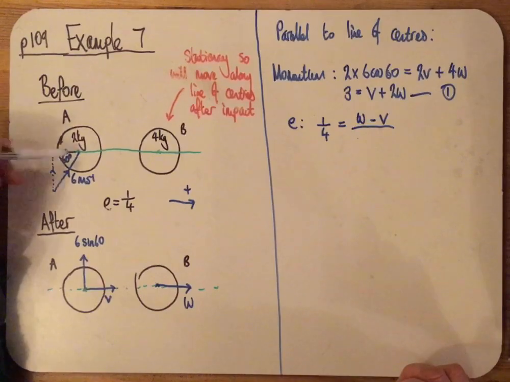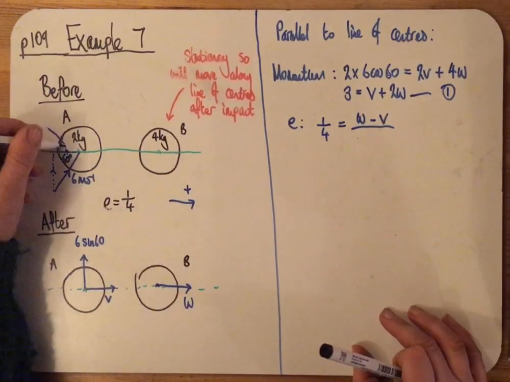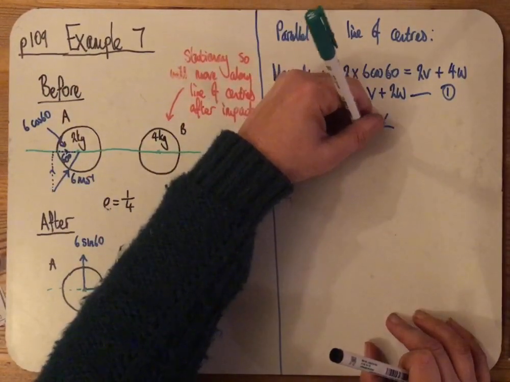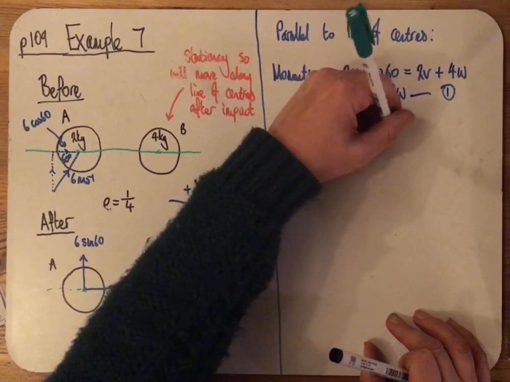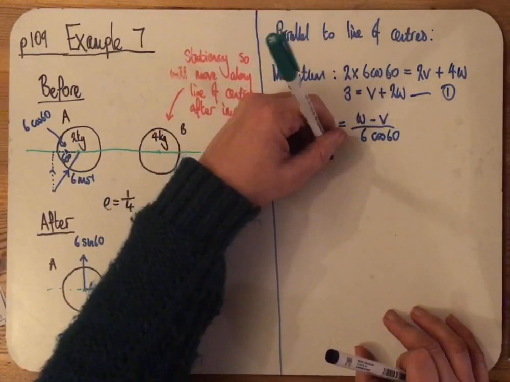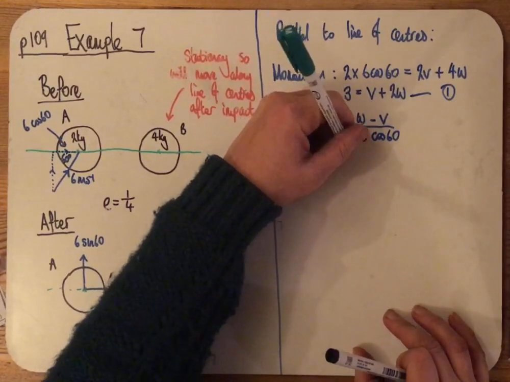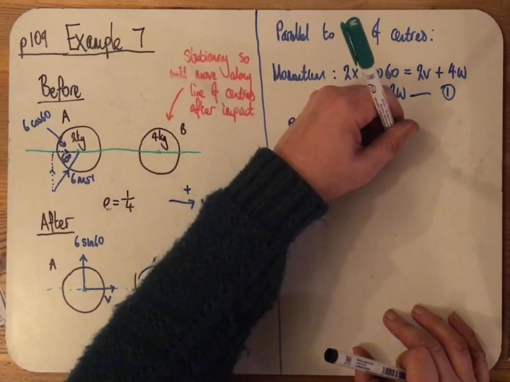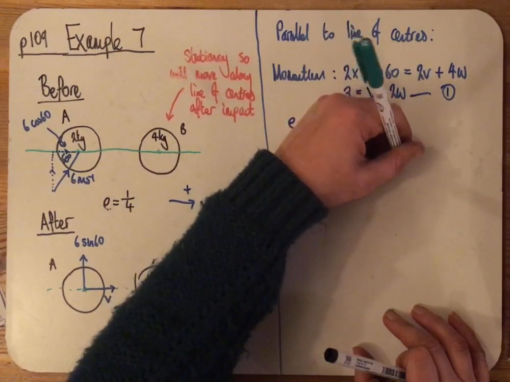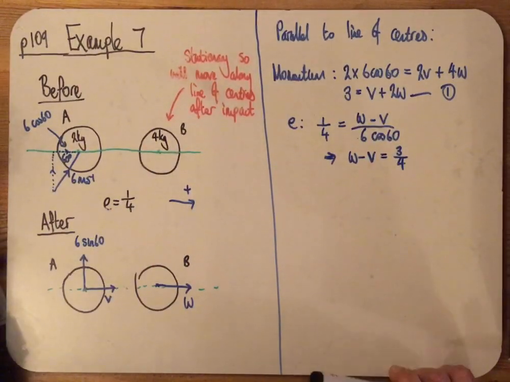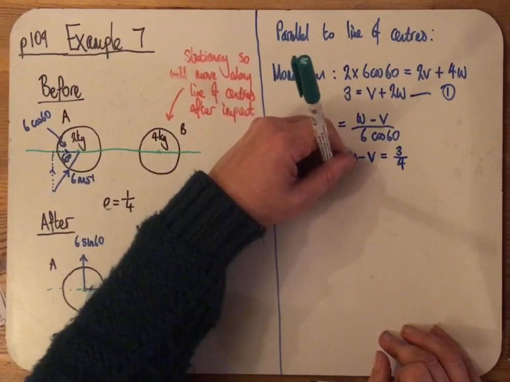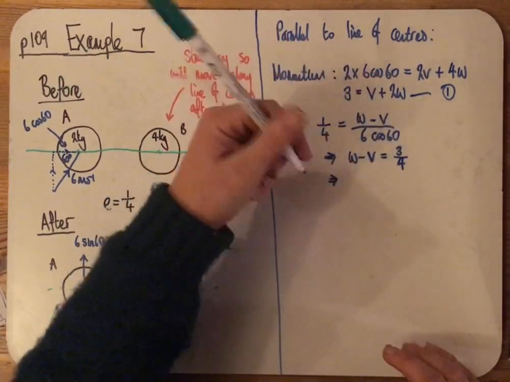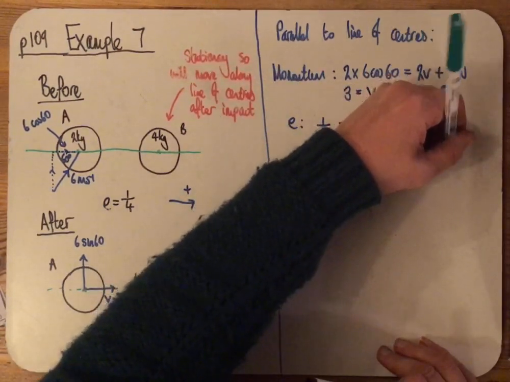So that's your approach speed along the line of centres coming from here. And that gives you W minus V is equal to 3/4. When you work that out, you can just pop that into a calculator if you want to. So we've got two simultaneous equations.